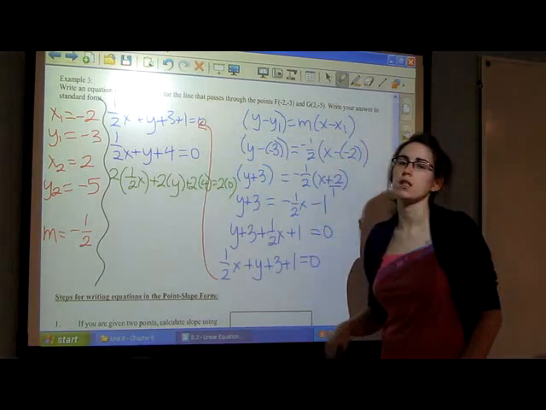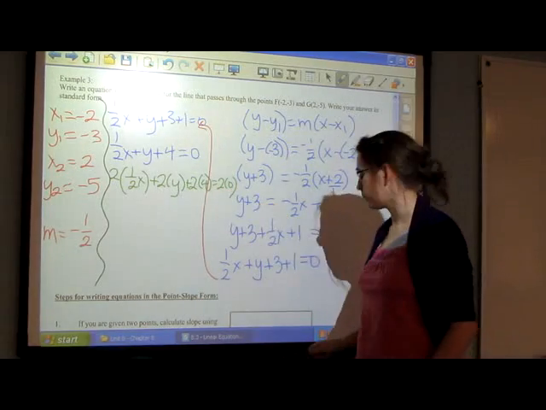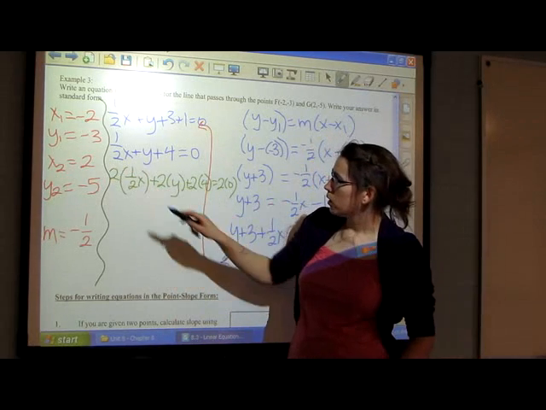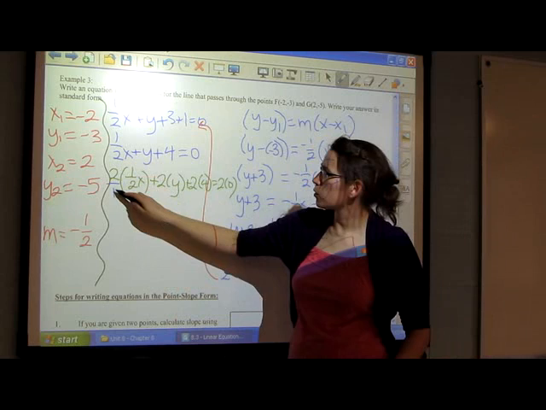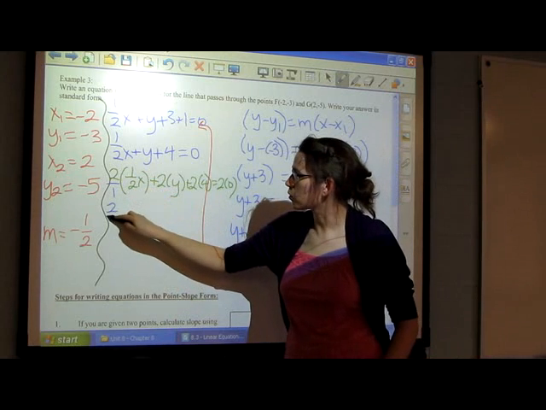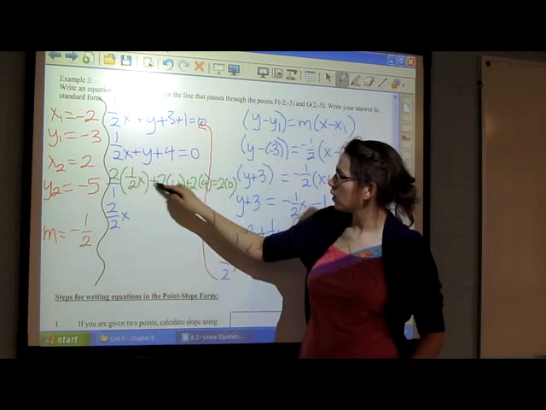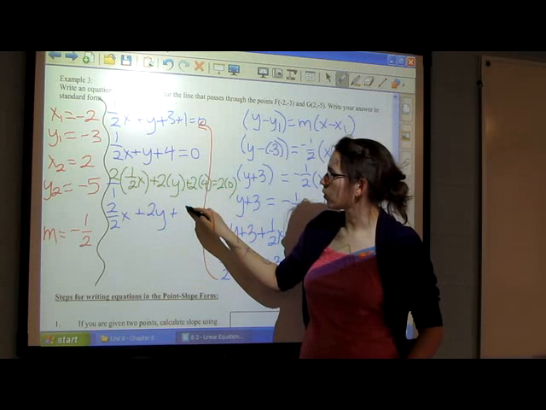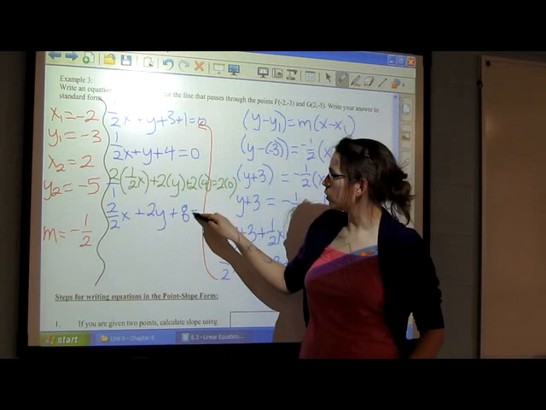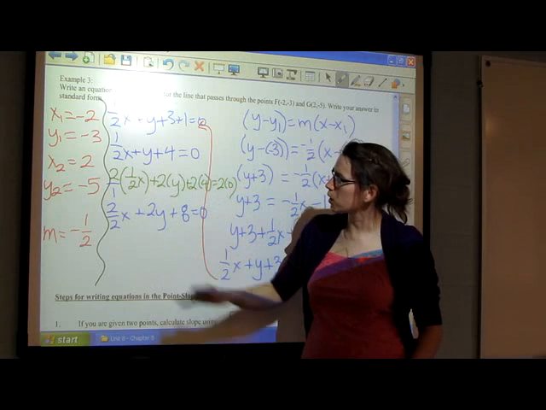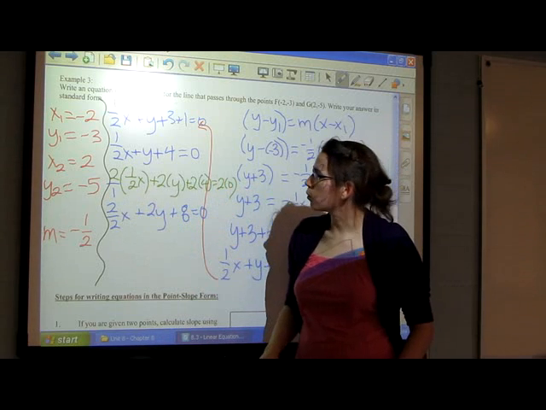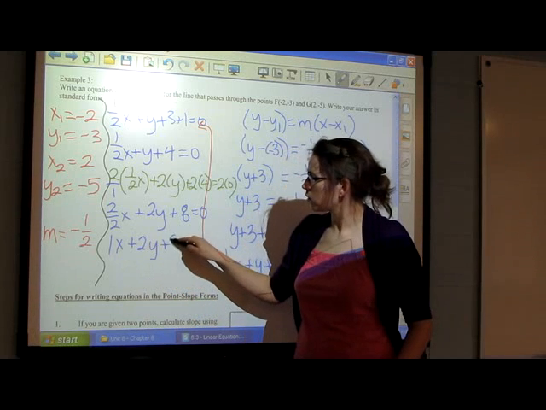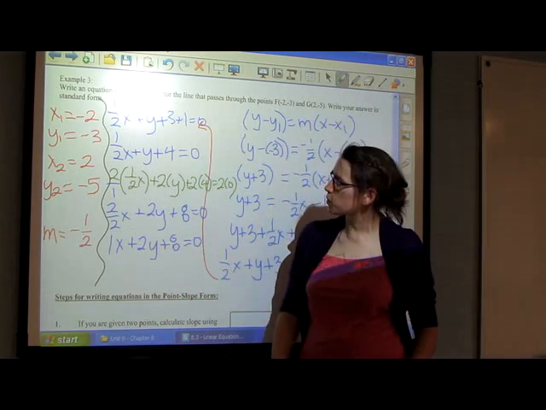Remember to multiply the right side of your equal sign by the 2 as well. 2 times 1/2 is the same thing as saying 2 times 1 over 1 times 2, so 2 over 2 x, plus 2y, plus 2 times 4 gives 8, and equals 2 times 0 is just a 0. 2 over 2 is the same thing as 1, so I've got 1x plus 2y plus 8 gives me 0.